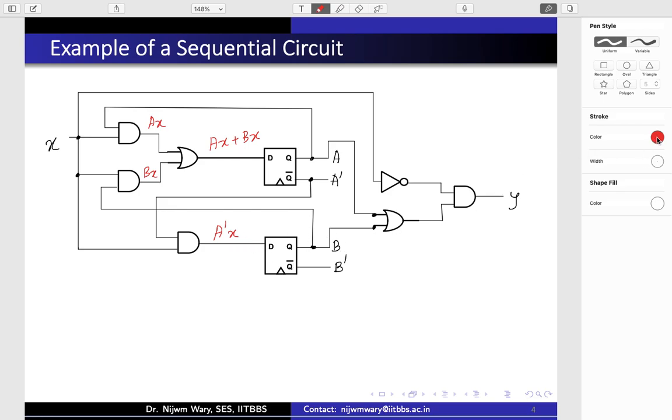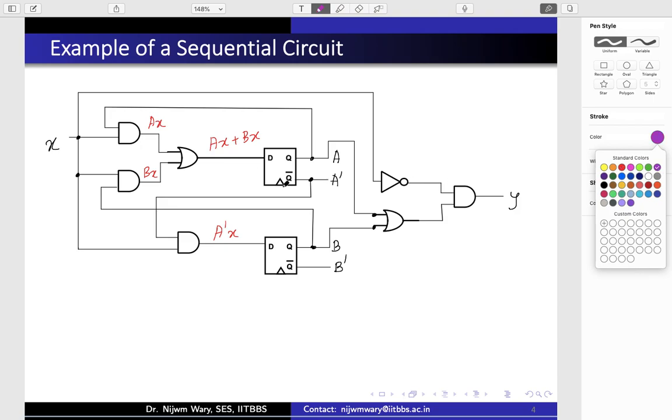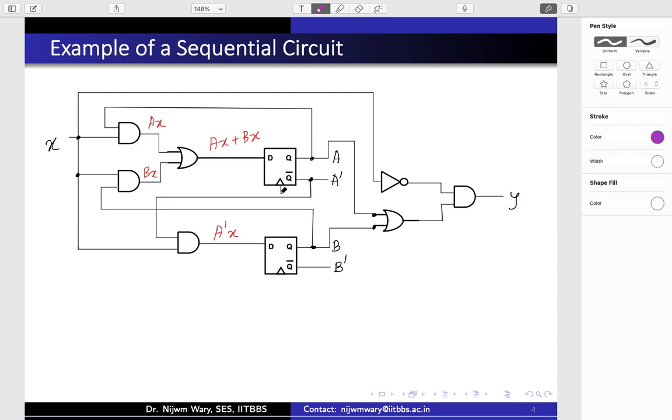Of course I have a clock here, which I have not shown. This is my clock, so these D flip-flops are operating at the positive edge triggers of this clock.